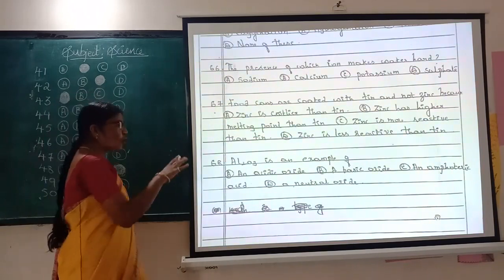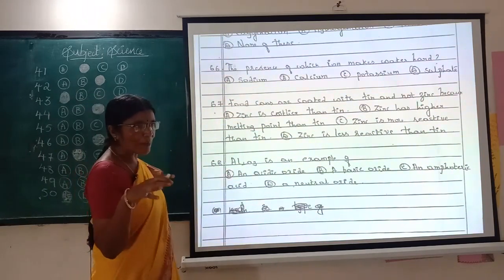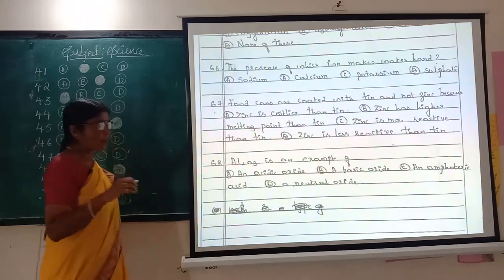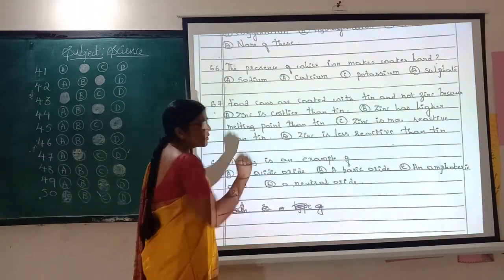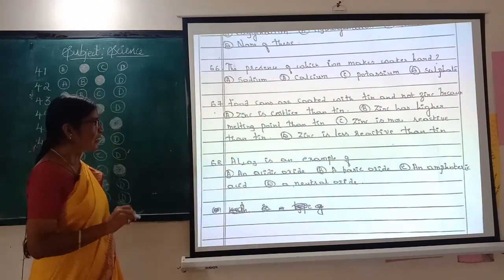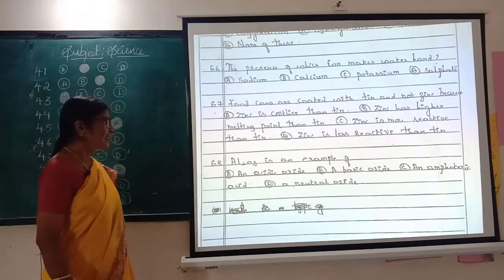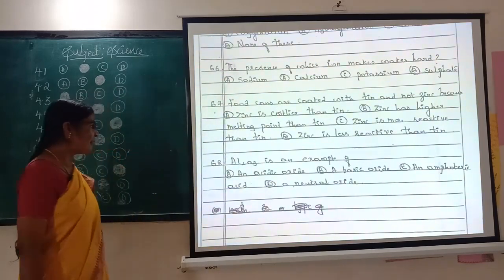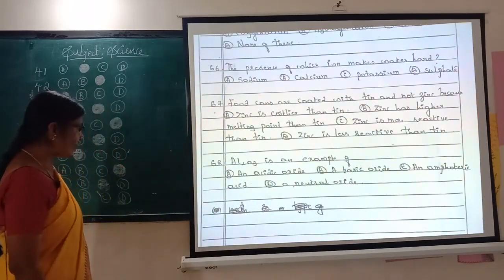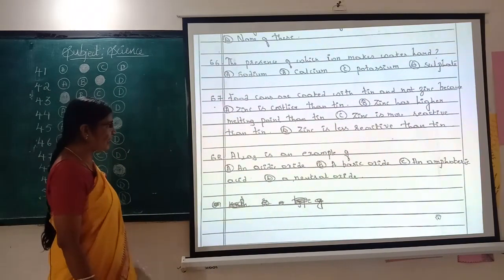Children, if 4 options are given, the most appropriate answers are 2 here. But you should focus on which is relatively nearer to this question. Isn't it? So the right option is zinc is less reactive than tin. Option D is the right answer, children. Lastly, last question of the chemistry part, children.